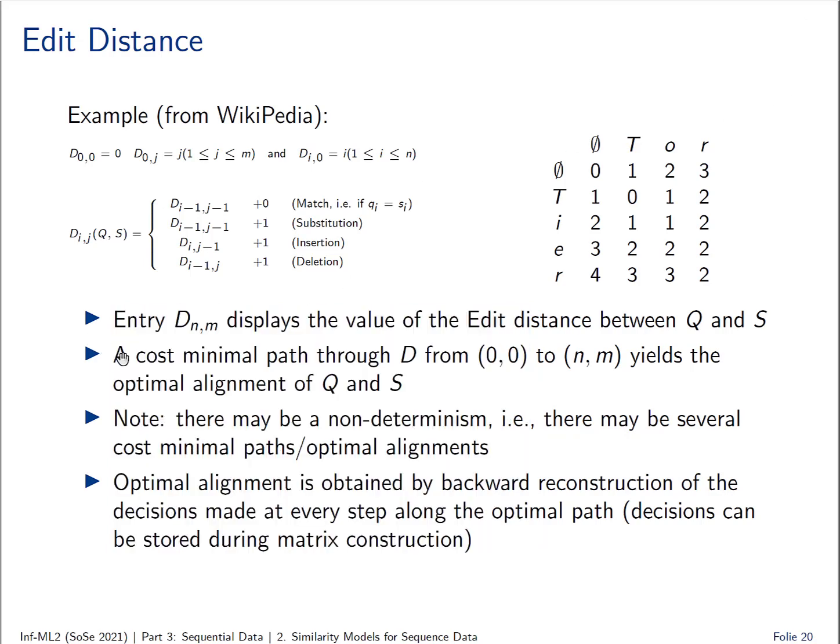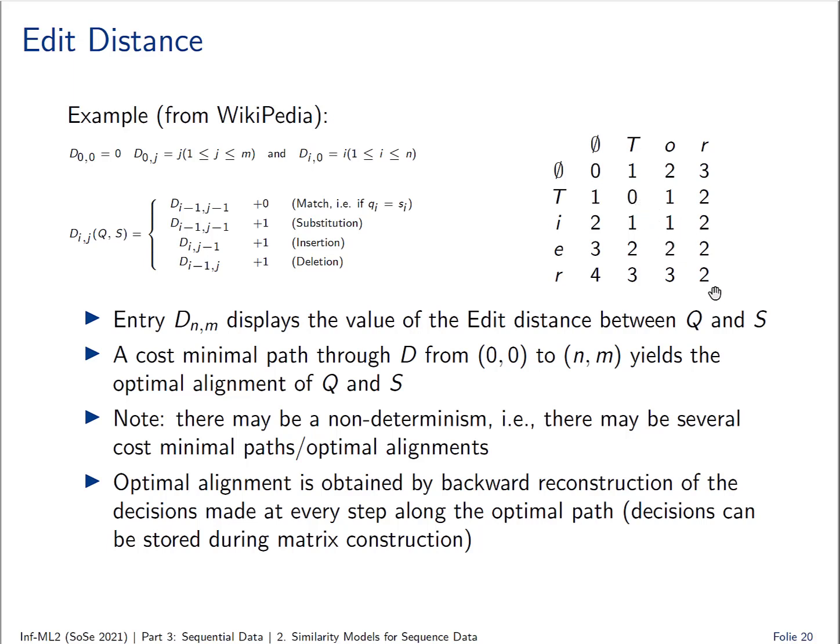So it is very easy, because a cost minimal path through D from 0,0 to n,m, so from the upper left corner to the lower right corner, yields the optimal alignment of these two sequences. In that case, for example, we can go from here to here to here, which represents the optimal alignment between the two sequences, and basically we get the alignment of T and T, and then actually we have two options.